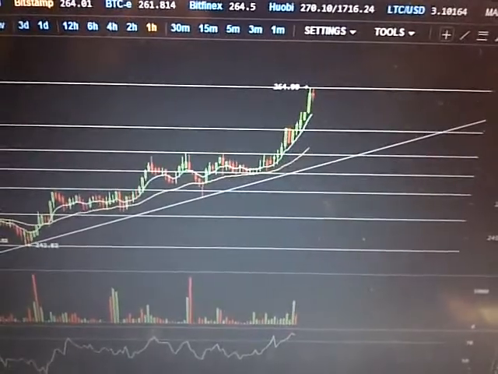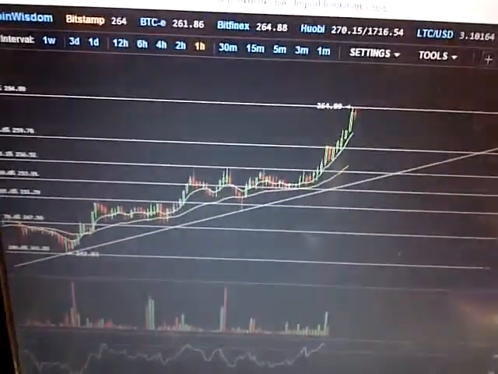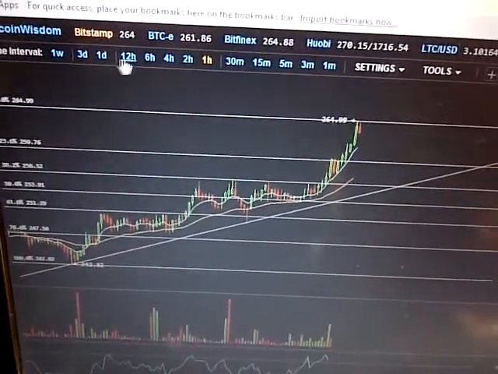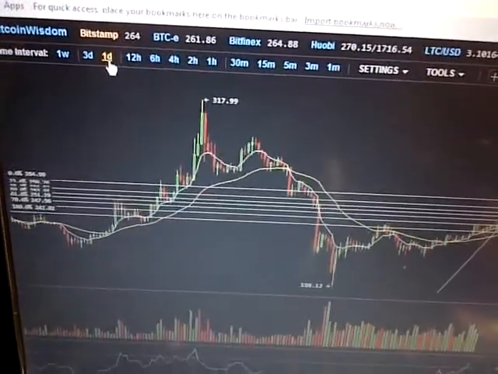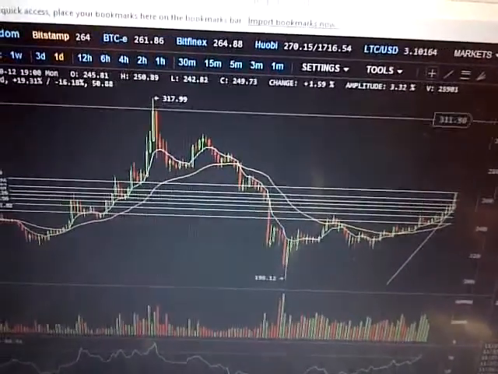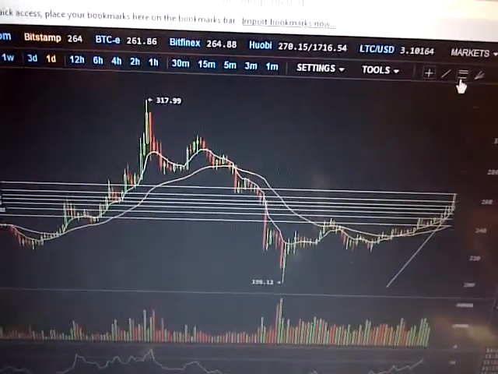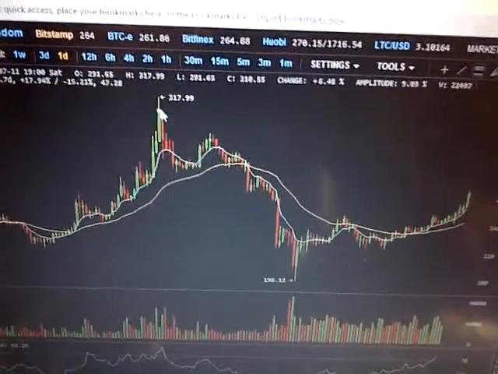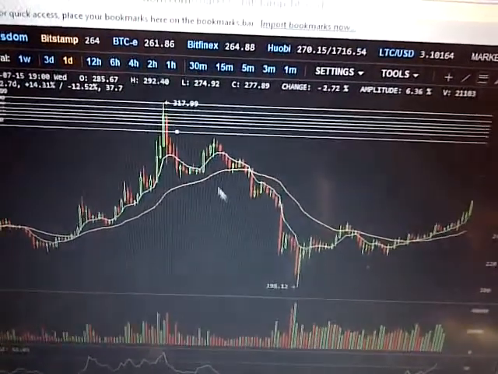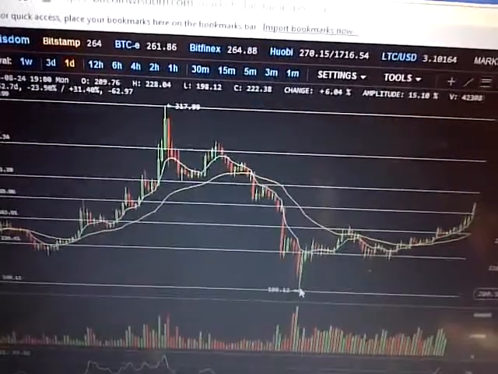I guess I'll do one more analysis off of Bitstamp here, and what I'm going to do is I'm going to go to a day and let's see if it shows. Okay, so let's take, I'm going to do another fib line here. So maybe there is something to these fib lines, but it's up to you how you want to use it.